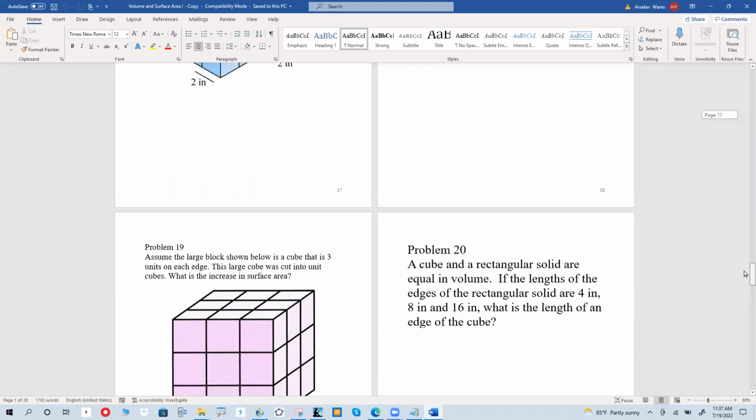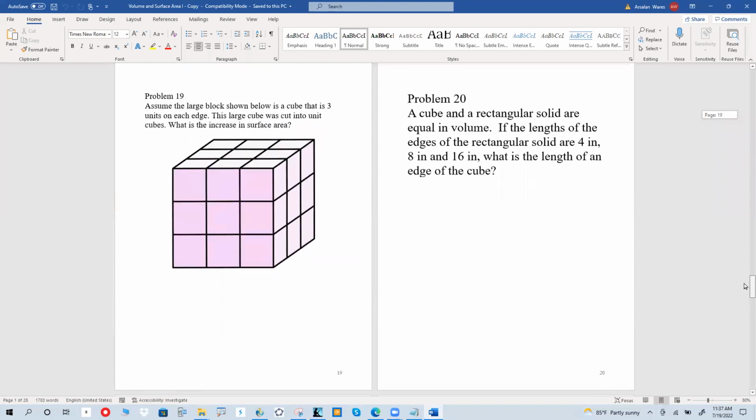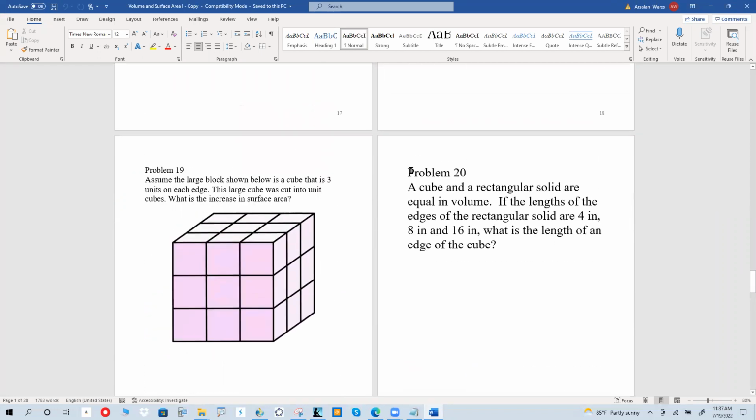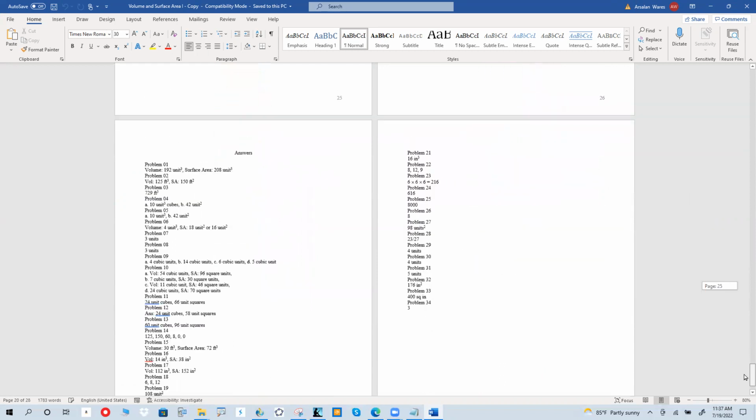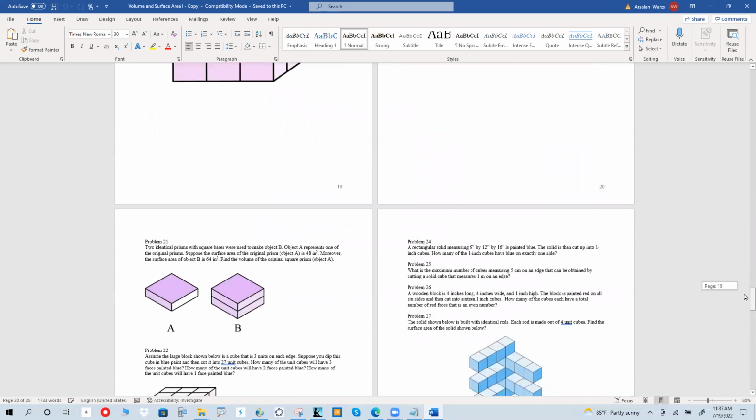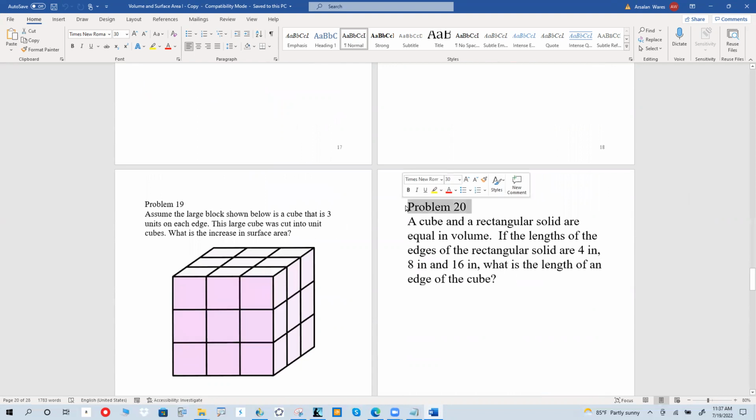I think we did number 19. I think we did number 19, and let's try number 20. How many do we have? We'll see how far we do, but I think we should be able to handle 20. 20 is not that difficult.